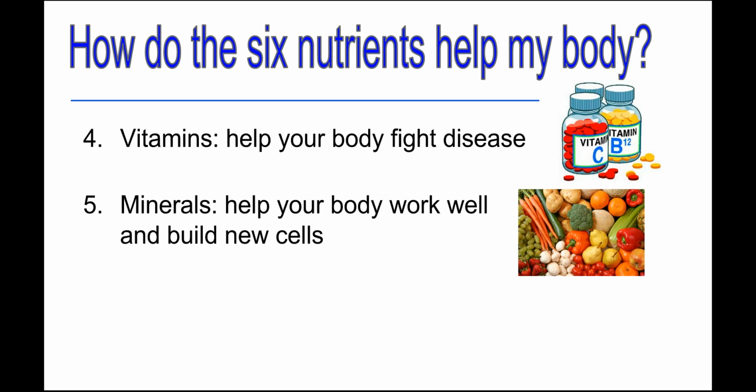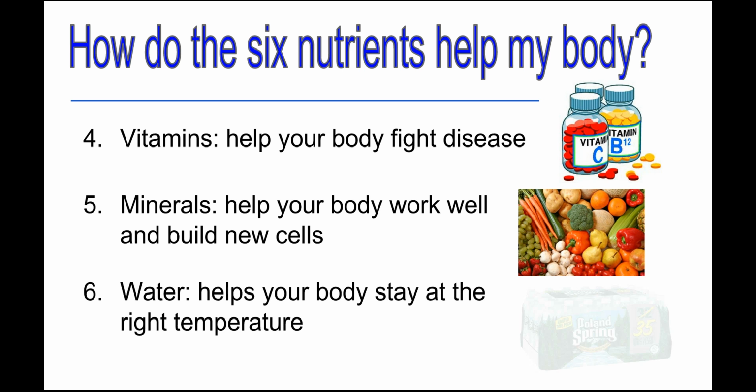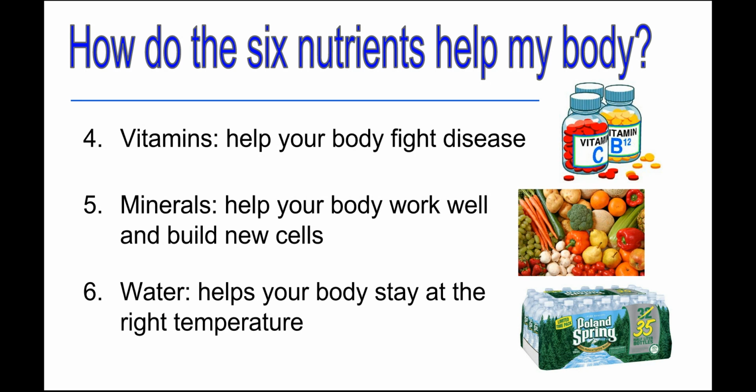Some common types of minerals are calcium and iron. The final nutrient, water, helps your body stay at the right temperature, digest food, and get rid of waste. You can get the water you need by drinking bottled water, such as the Poland Springs on the right, as well as other fluids, such as milk and juice.